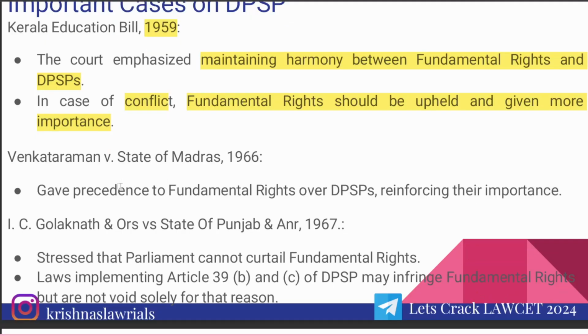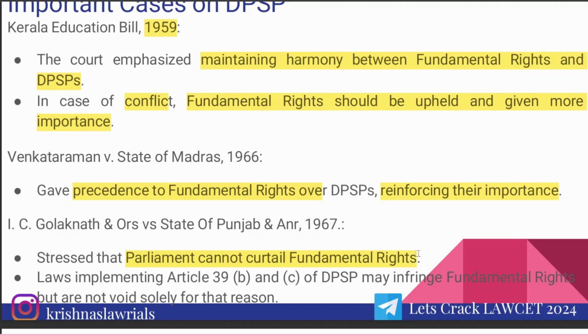In Venkataramana versus State of Madras, the precedence is given to fundamental rights over DPSPs, reinforcing their importance. So here they are saying fundamental rights are important over DPSP. In Golaknath versus other, this stressed that Parliament cannot curtail fundamental rights.